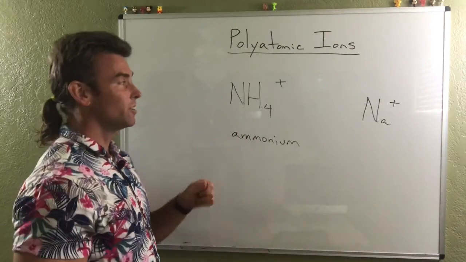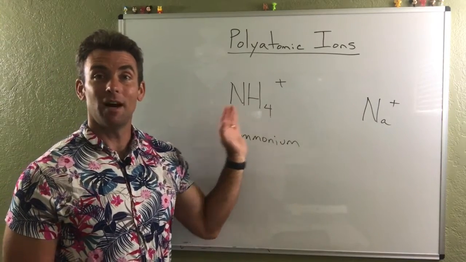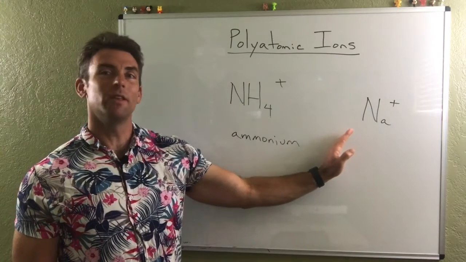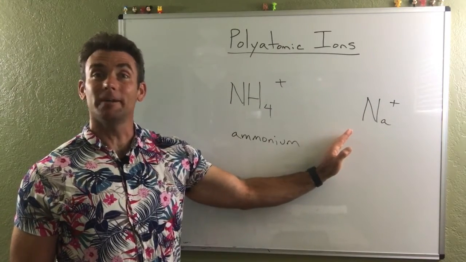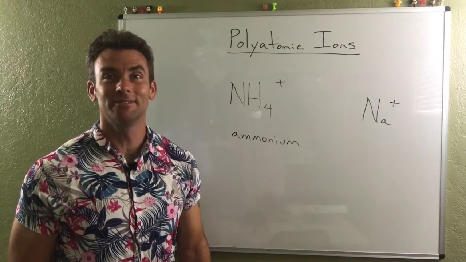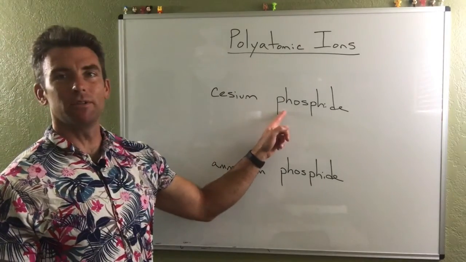So what I'll do is show you a normal type of formula without a polyatomic ion, and then I'll show you what the formula with ammonium might look like, and I think then we'll be good to go, and I promise I'll shut up after that. Okay, so we've got 2 examples of compound names.